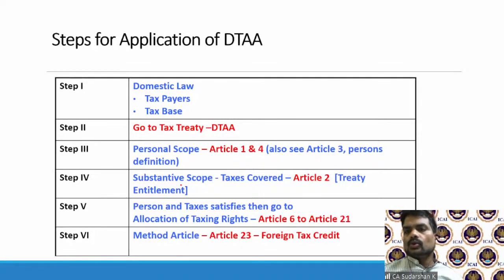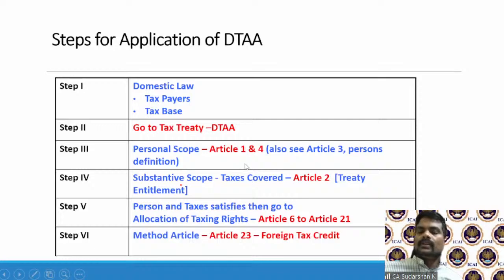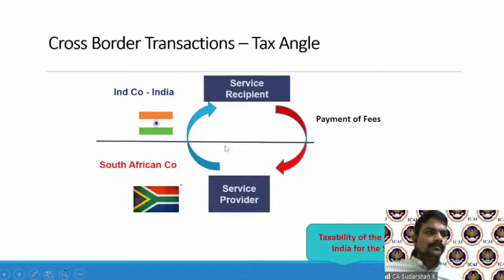And then you go to the tax treaty to see if there is any possible relief that you can avail. That's why the topic is also titled double tax relief. So the idea itself is to ensure that the treaty will alleviate, reduce or avoid income getting doubly taxed.